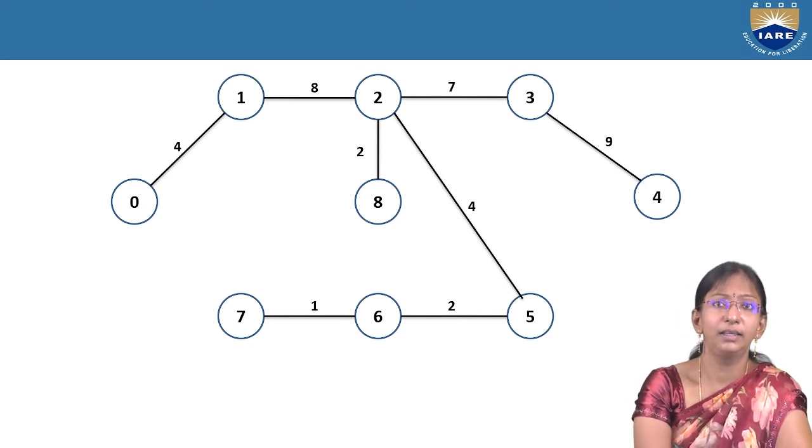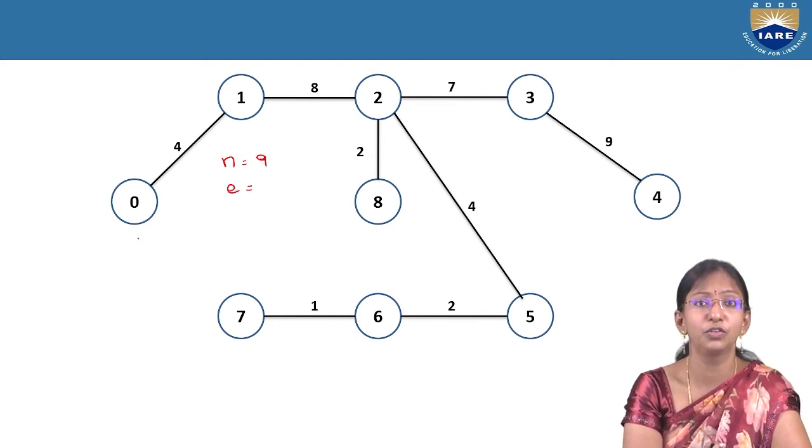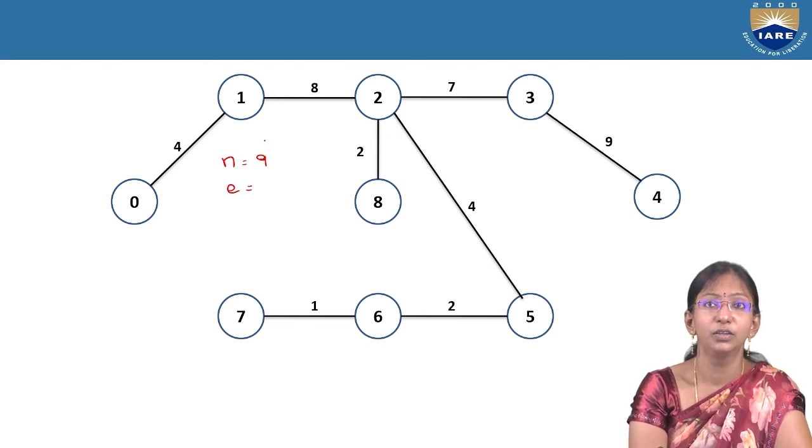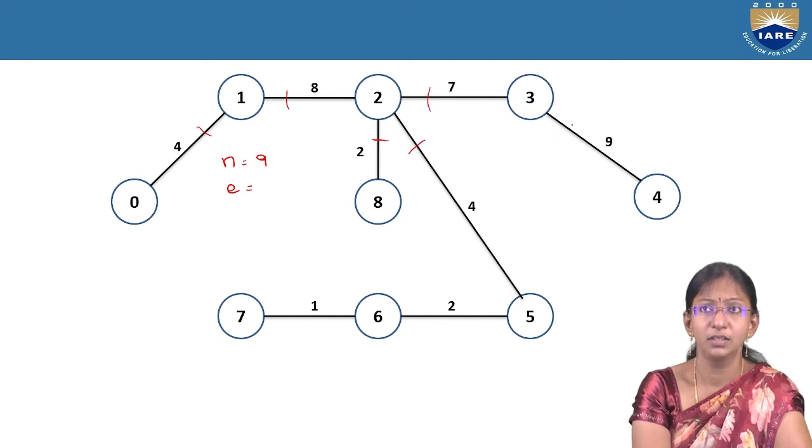Have a look at the number of nodes, which is 9. You need to have a watch on the number of edges always. So 1, 2, 3, 4, 5, 6, 7, and 8.